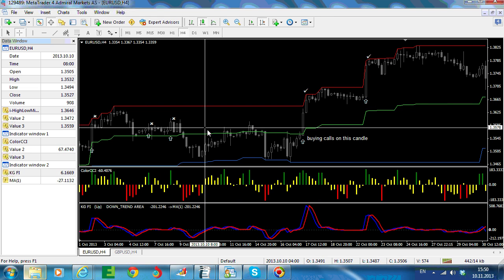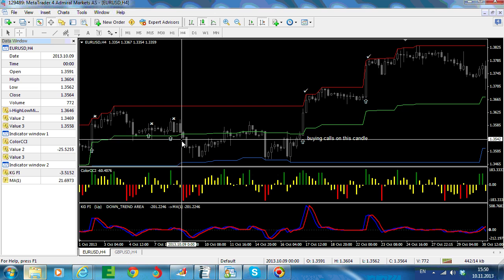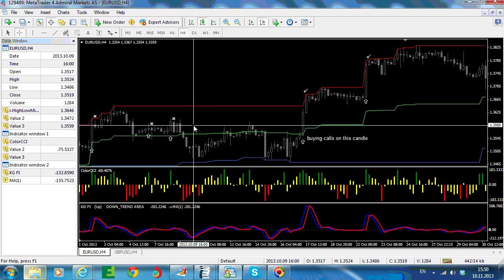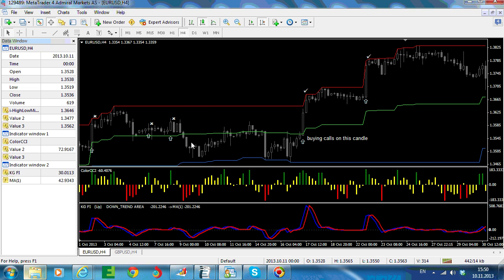And then moving on with our assessment, price is moving to the downside. We now have a bearish signal because the CCI is negative, the CCI color is red, the KGFI is negative and below 0, and price is below the middle band of the high-low middle indicator.